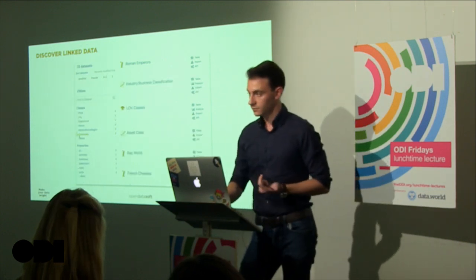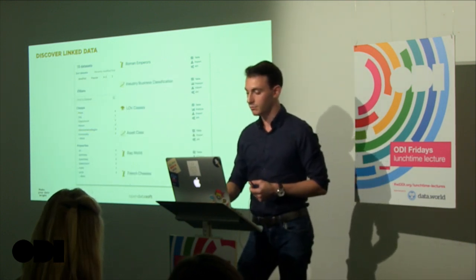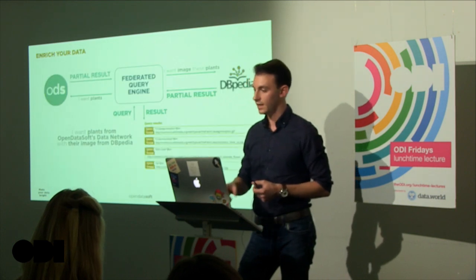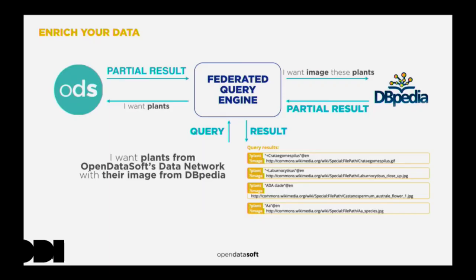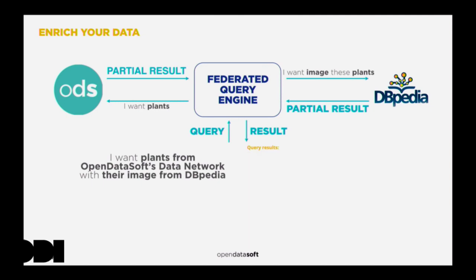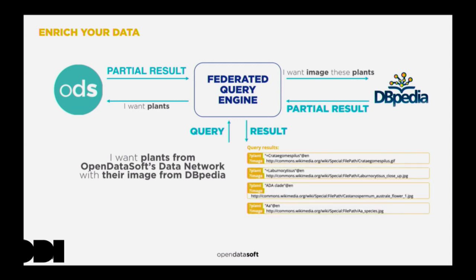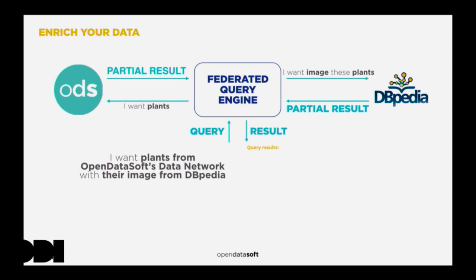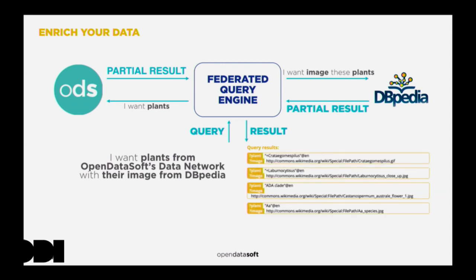And the last feature is really important in linked data. It's called federated query engine. But to explain what that means, I will take the example of someone who wants to enrich their own datasets. Imagine you have a dataset with a list of plants.